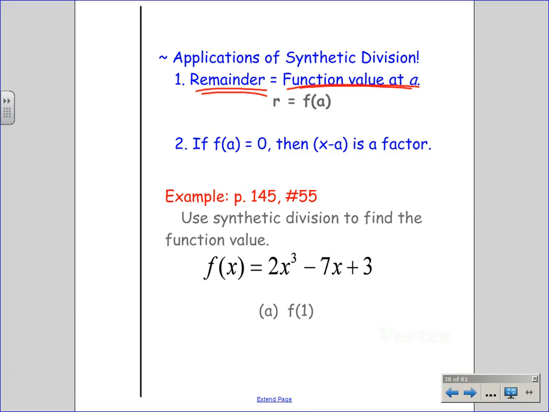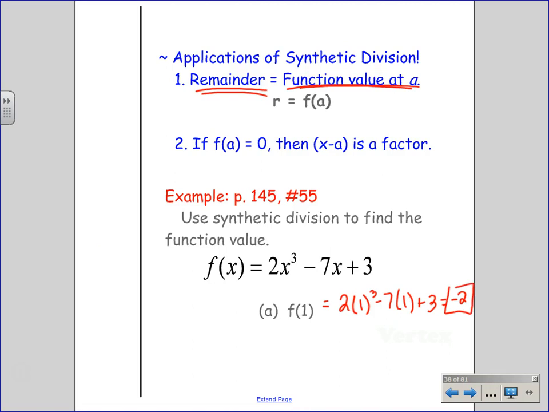So we could just plug in 1 to something like this example, and we would get 2 minus 7 is negative 5 plus 3 is negative 2.